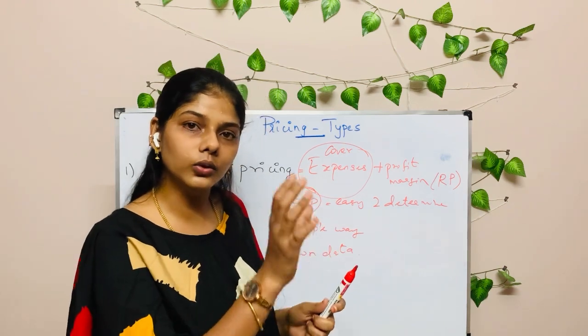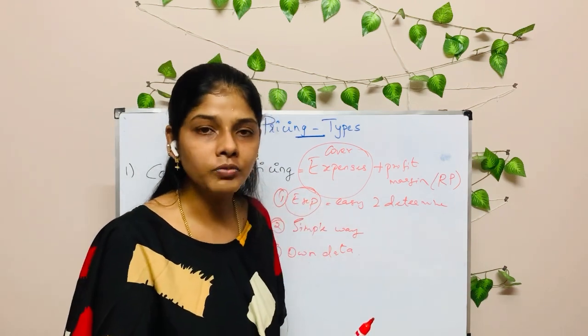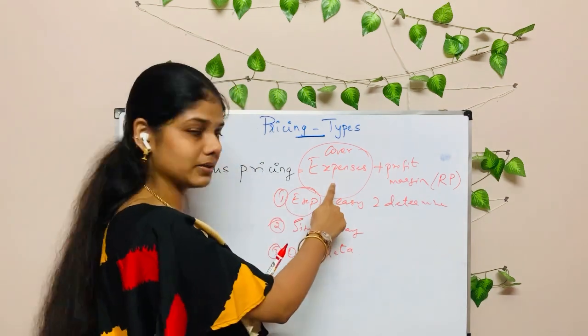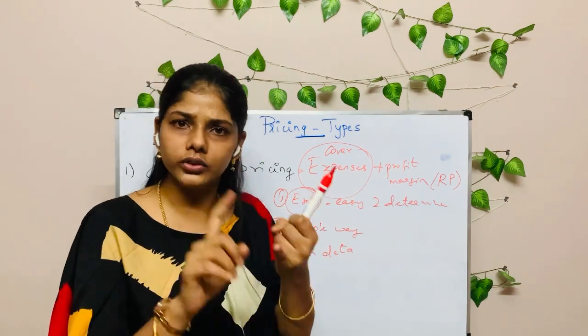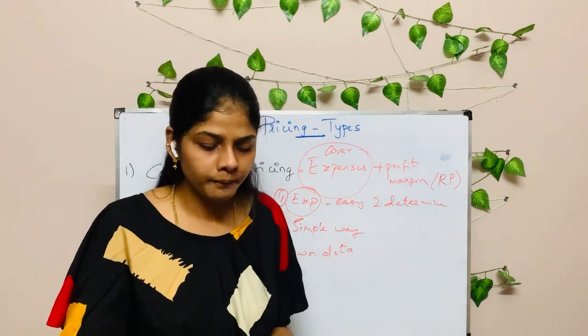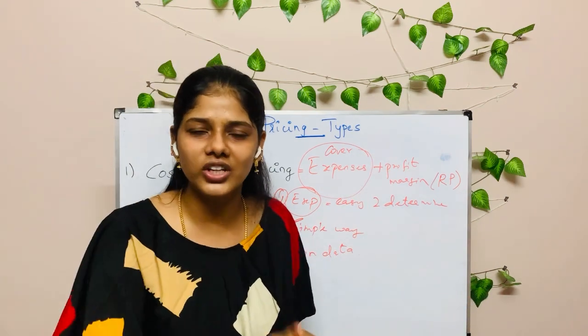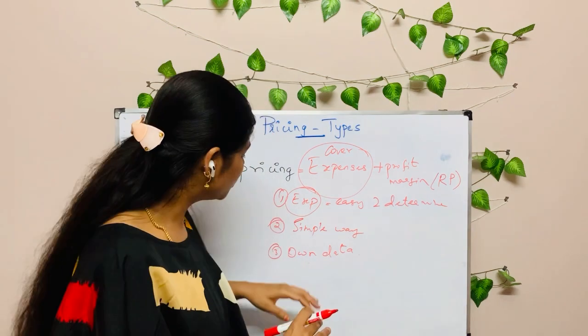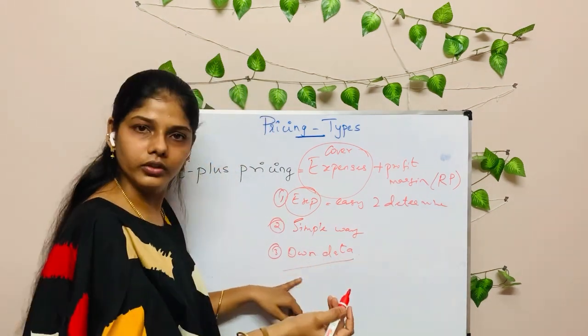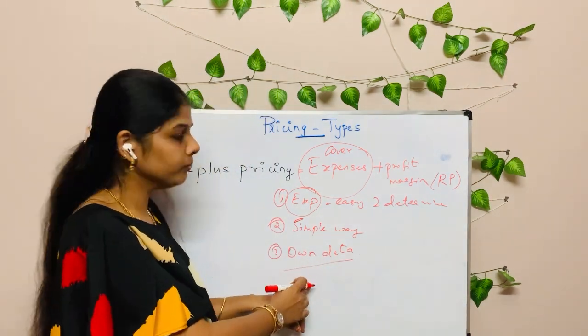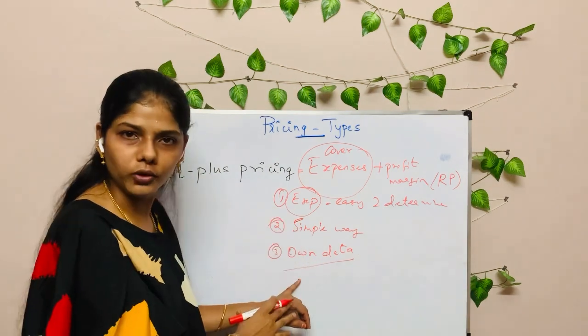If you are going to fix a value for a product, you concentrate only on your expenses, okay. You don't concentrate on the demand, you don't concentrate on the supply, you do not concentrate on the taste and preferences, your social environment, your technological environment, nothing. So here your own data is enough. The data you have is enough to fix the price for your product, right?